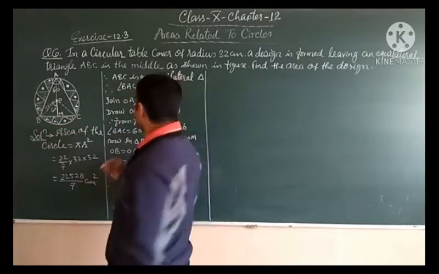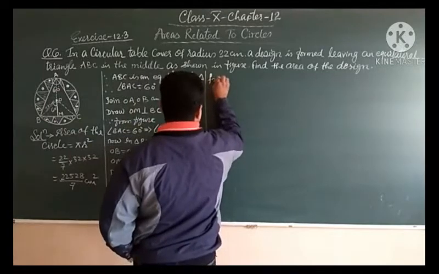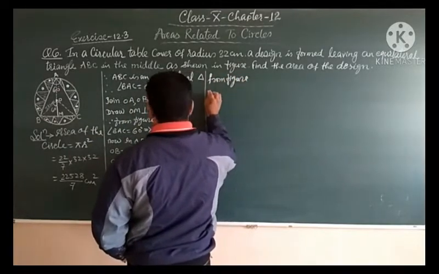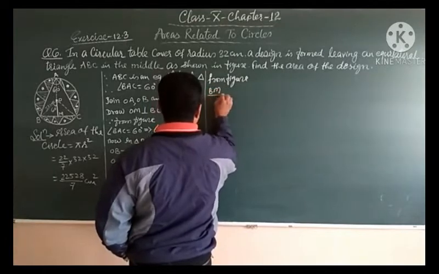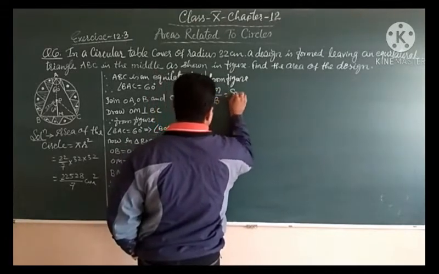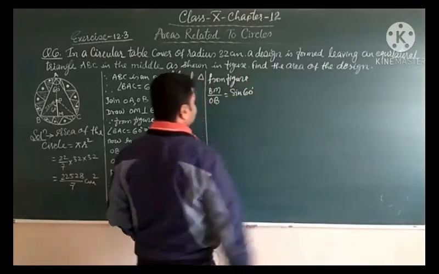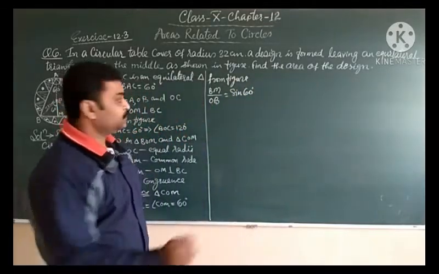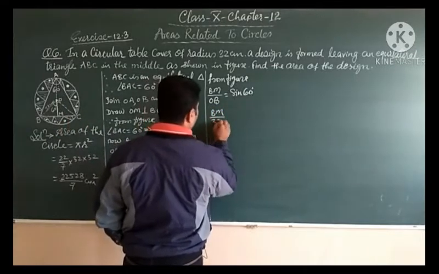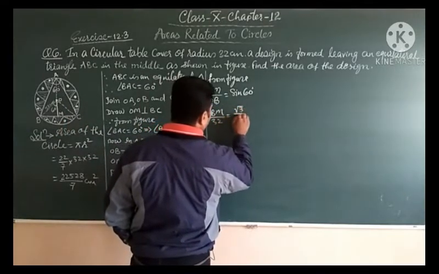So from figure, BM upon OB is equal to sine 60 degree. Then BM upon 32 is equal to root 3 by 2.